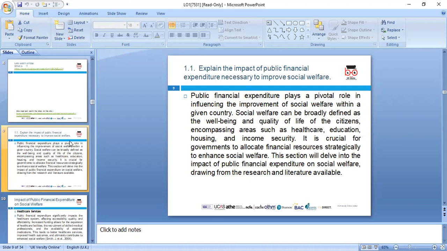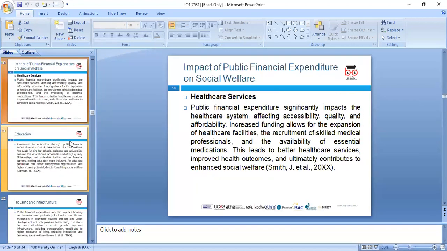Social welfare can be broadly defined as the well-being and quality of life of citizens, encompassing areas such as healthcare, education, housing, income, and security. It's crucial for the government to allocate financial resources strategically to enhance social welfare. In this section we look at the impact of public financial expenditures on social welfare.